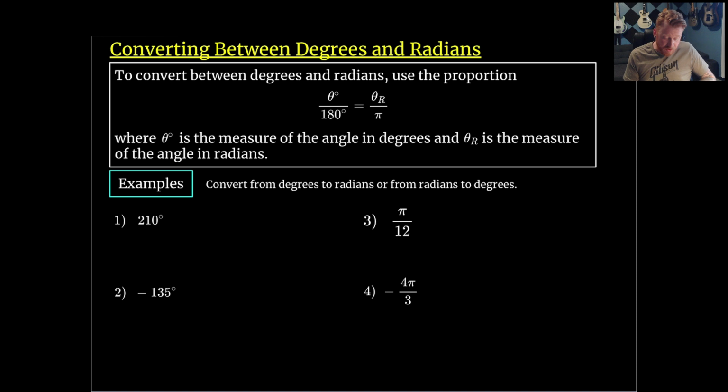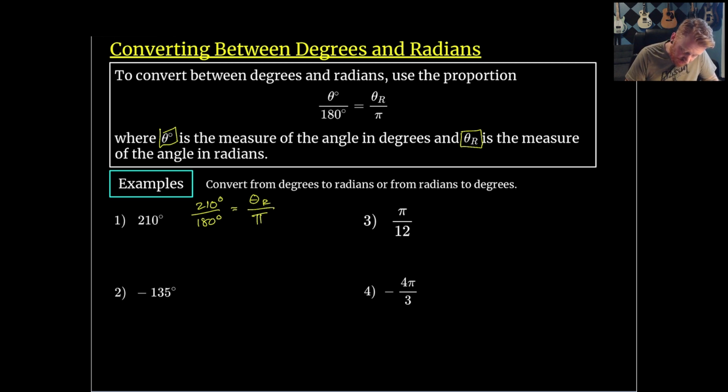This first one, we have 210 degrees and we want to convert this into radians. So I'm going to set up this proportion here. This says 210 degrees over 180 degrees is equal to theta r, which is going to be our measure in radians. So that is the difference here. This is just notation that the angle is going to be in radians, and this is notation that the measure is going to be in degrees.